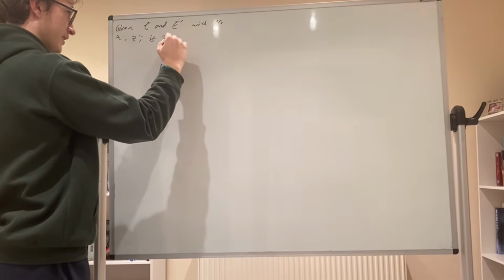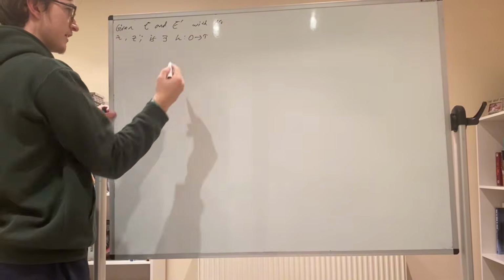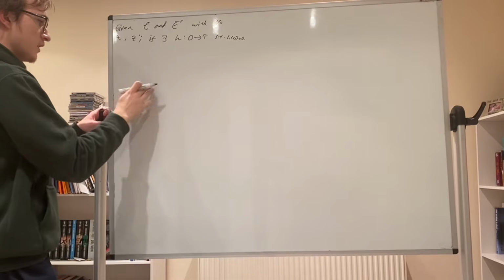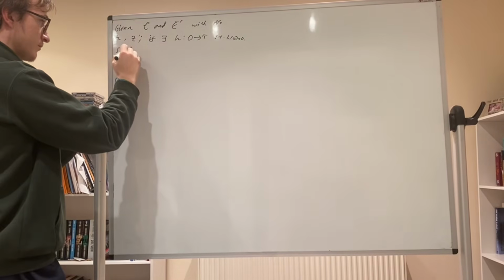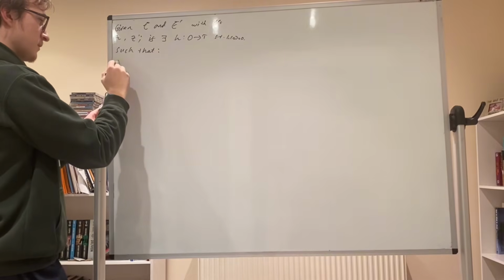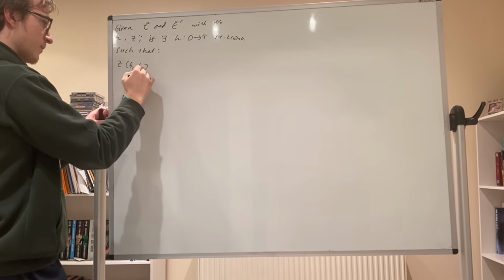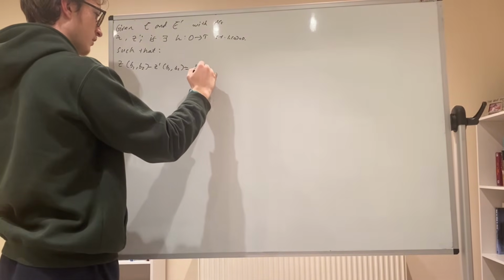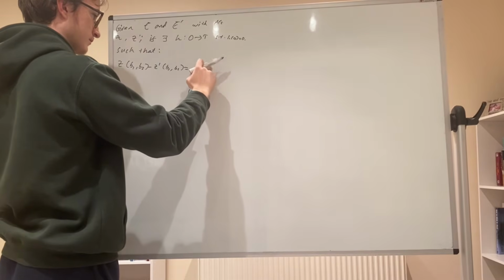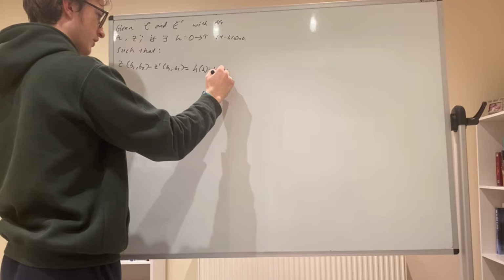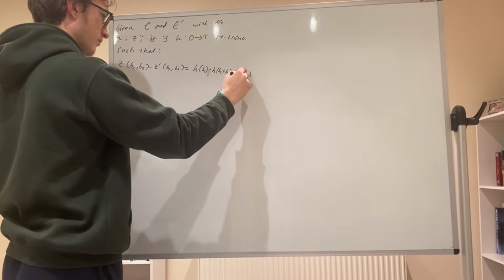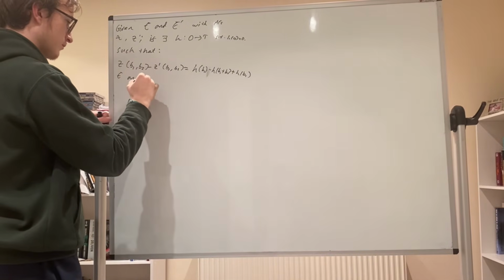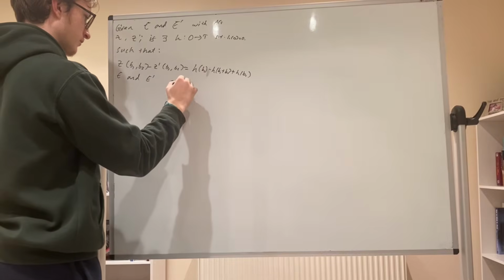If there exists a map H, which takes in a B1 and outputs a T, such that H of 0 equals 0, such that Z of B1, B2 minus Z prime of B1, B2 is equal to H of B1 minus H of B1 plus B2 plus H of B2, then E and E prime are isomorphic.